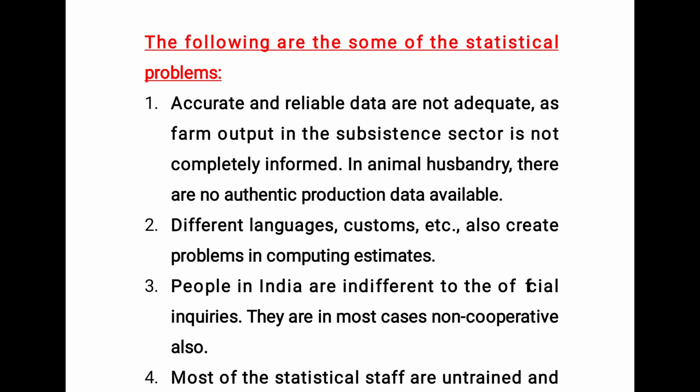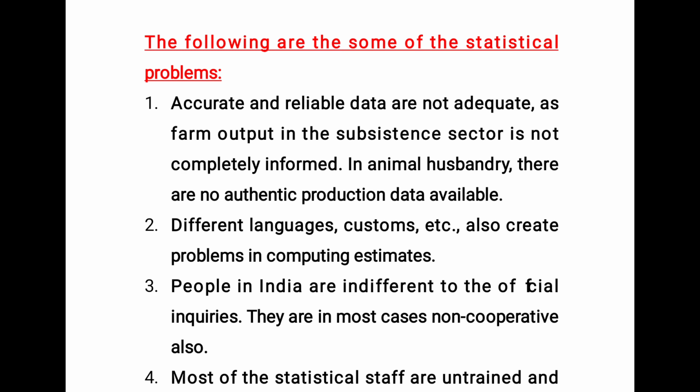Most of the statistical staff who come home are untrained, or they may be inefficient also. Because of that, you are not able to get the correct data. So these are the difficulties in measuring national income.